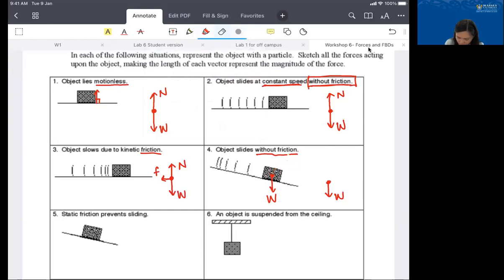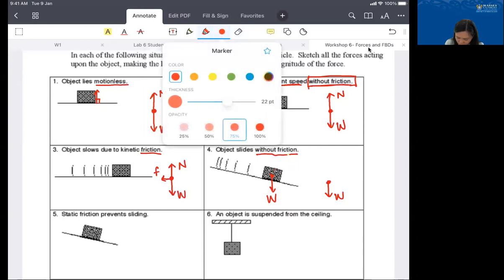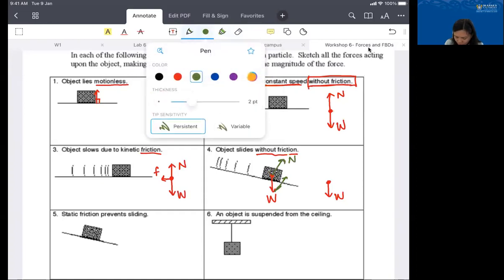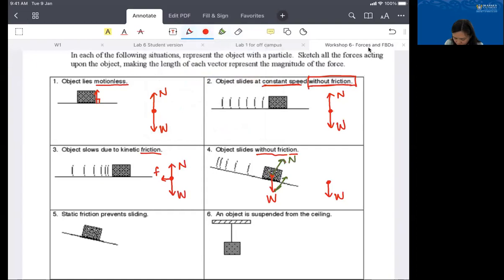See, that's the normal force. If we do the parallelogram method, we copy the normal force, connect it onto the weight force, and then copy the weight force, connecting that to the normal force. We should see a net force that is along the slope.